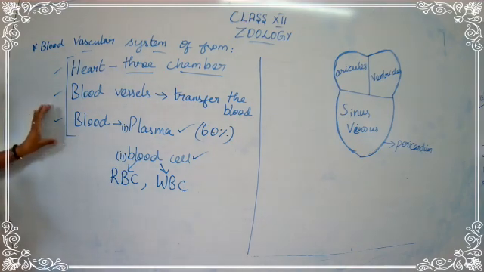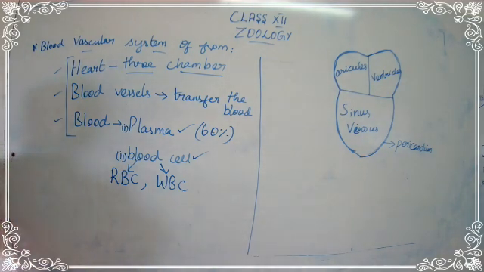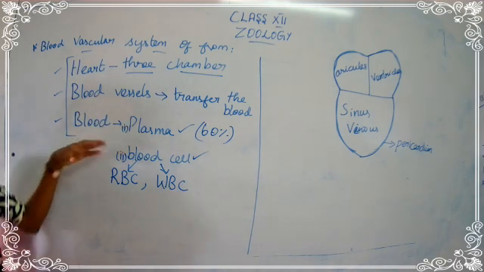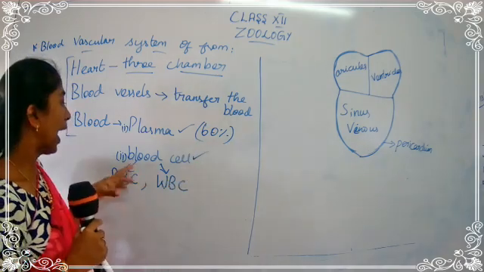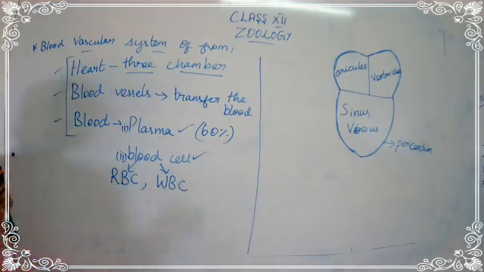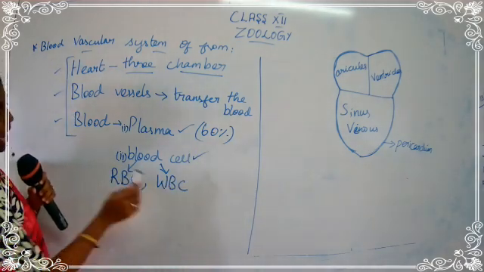So the blood is a very important thing, because through the blood only all the cells can get nutrition and aeration. Okay, so this blood also consists of plasma and blood cells. Overall the blood plasma occupies 60 percent, and the blood cells are also divided into red blood cells and white blood cells.